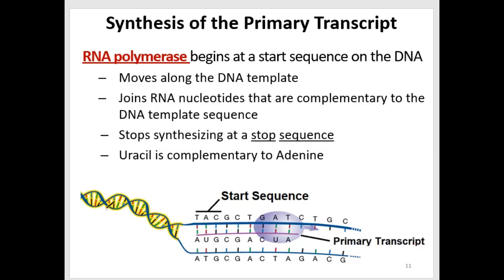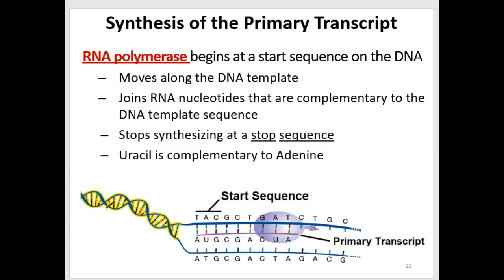RNA polymerase begins moving along the chromosome from the promoter region, unwinding the DNA as it moves, and it reads the nucleotide base sequence. Once the RNA polymerase encounters a sequence called the start sequence, it will begin to make the RNA molecule. The DNA start sequence is TAC.